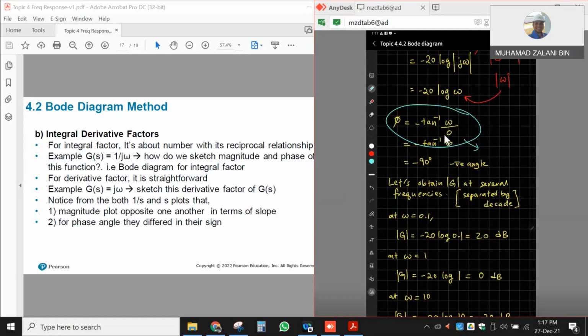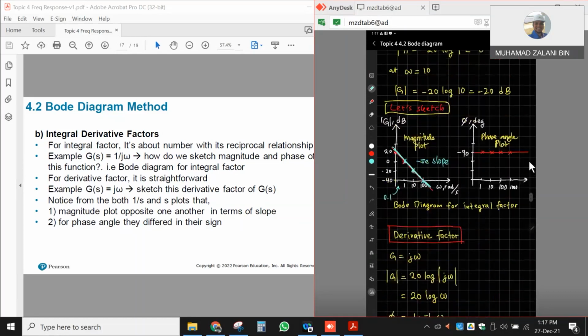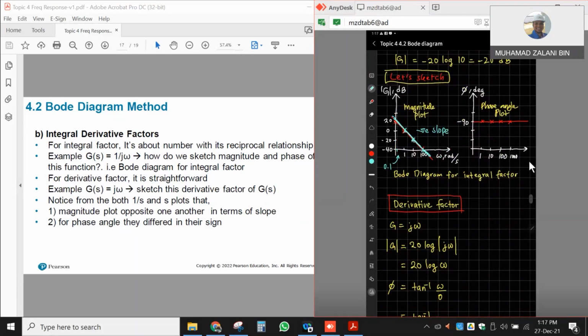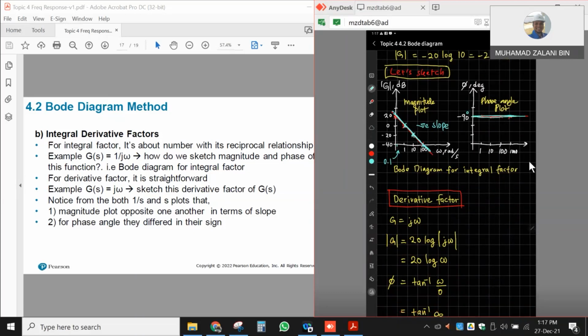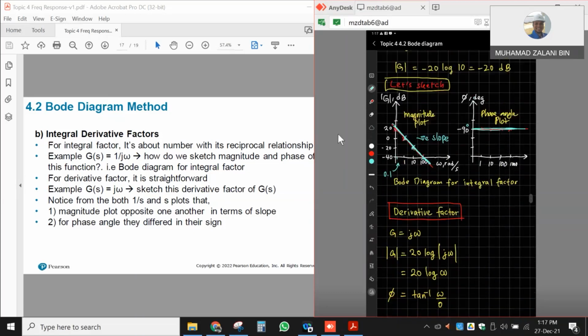So we should expect a constant plot even though we change the frequency. The phase angle plot should look like this, at negative 90 degrees. That is for the integral factor.